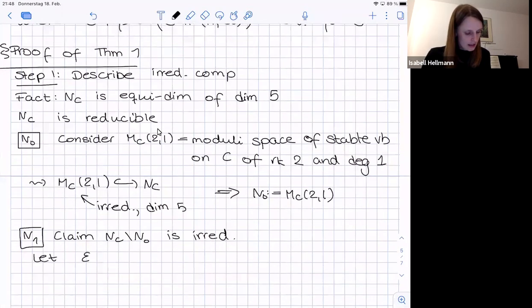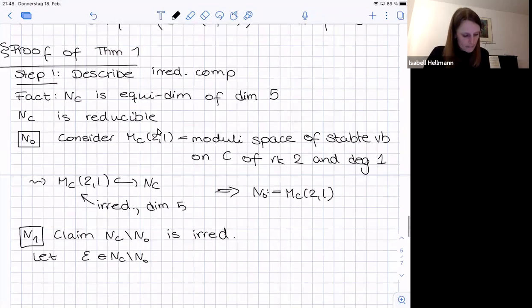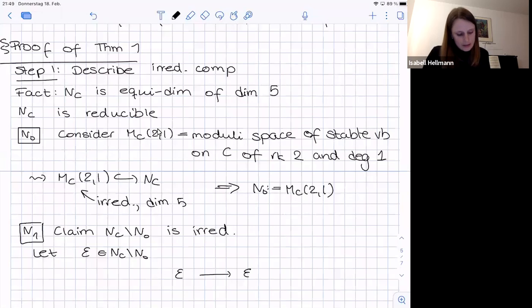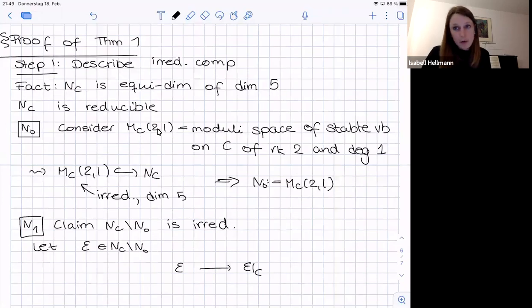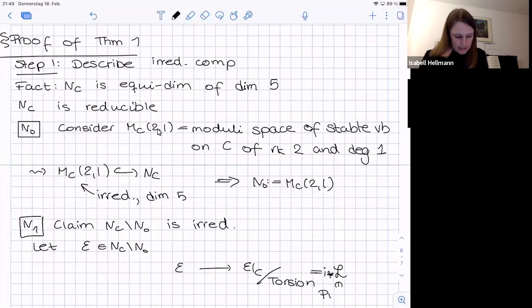So I take such a sheaf, and then what I can do is restrict it to C. So I didn't take anything of rank 2. This will have rank 1 on C, but acquires torsion. So I mod out the torsion. So this will now be a line bundle on C, which I call L. And this map is surjective. And I consider the kernel here.